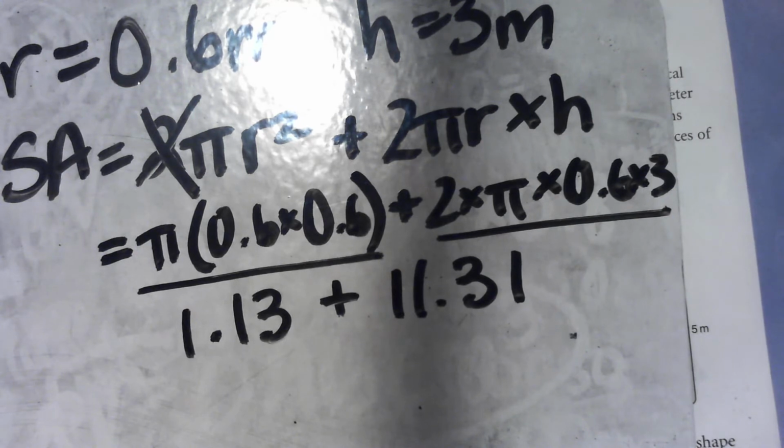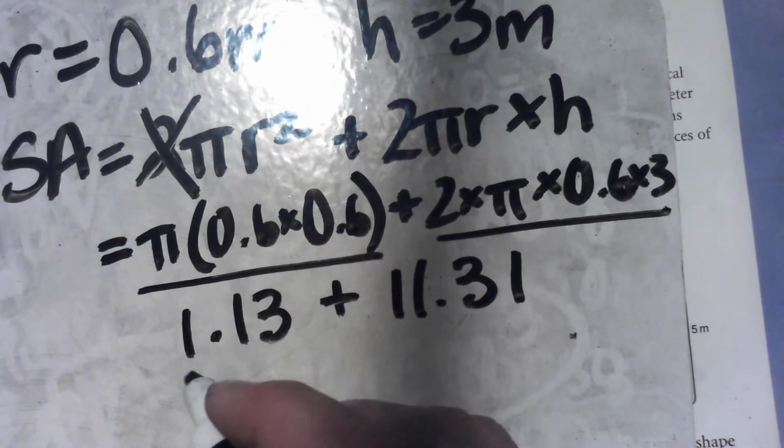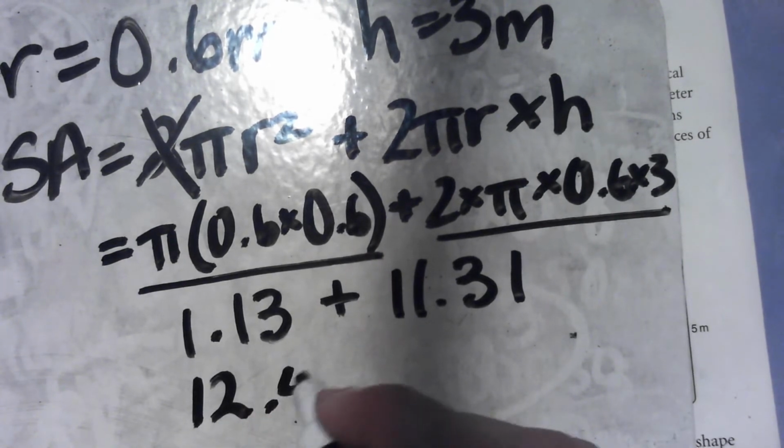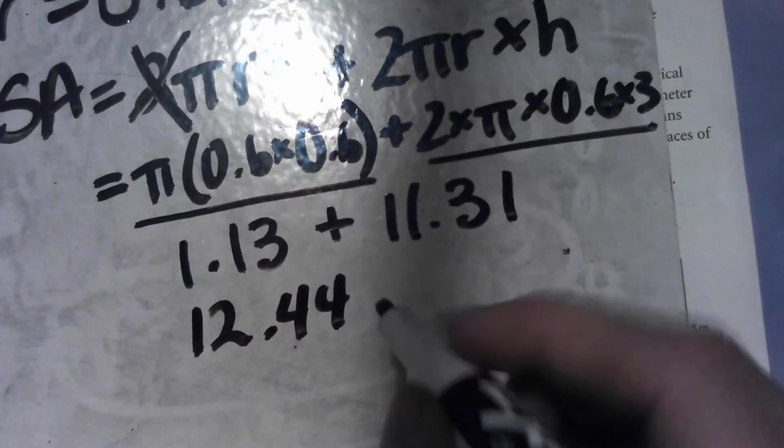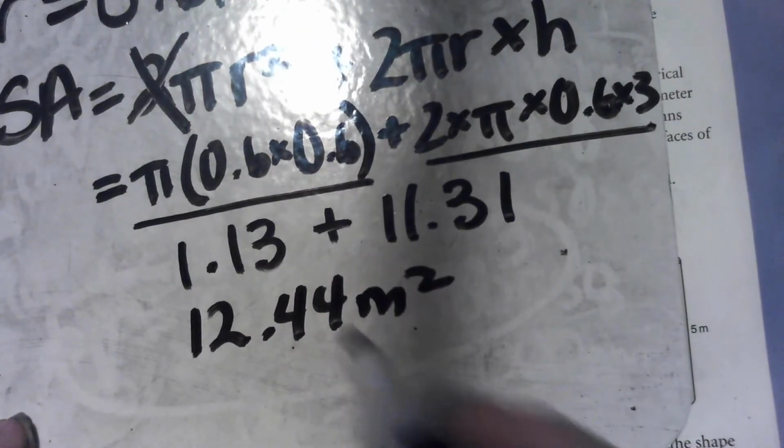That's what I got. 11.31, and we add the 1.13, and we've got the first one then is 12.44. This is meters squared, so that's the first cylinder there.